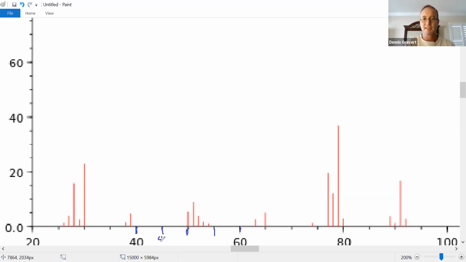And so it makes sense that this is 45, 50, 55, 60. Cool. And then if you find a cluster where there's a lot of peaks, you can see that, hey, this one's 50, this one's 51, 52, 53, and that one's 54, and then here's 55.